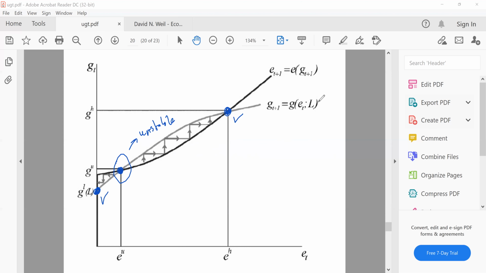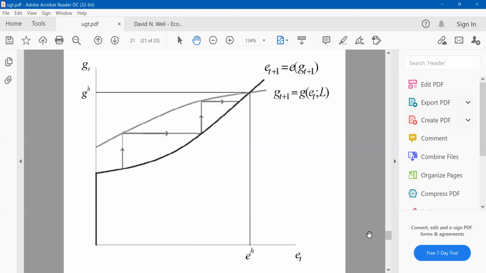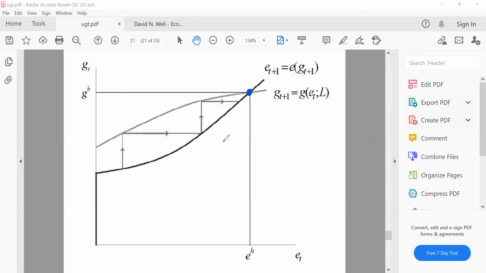But what happens? Well, population can still grow, right? So this curve will keep moving upwards and upwards. And what happens at the end? At the end, you have this. Only one equilibrium, and it is stable. So how do you understand the arrows here? Well, look at this.